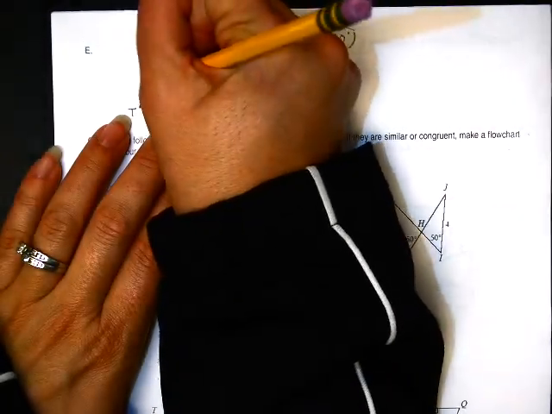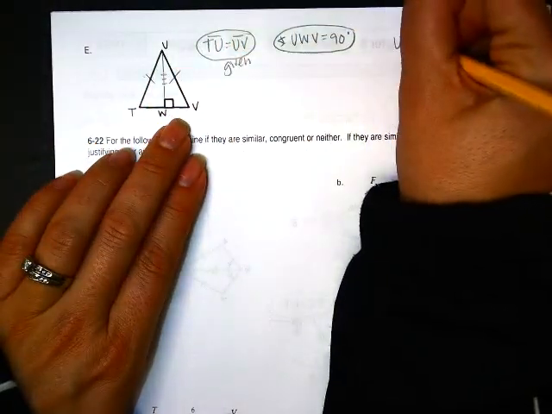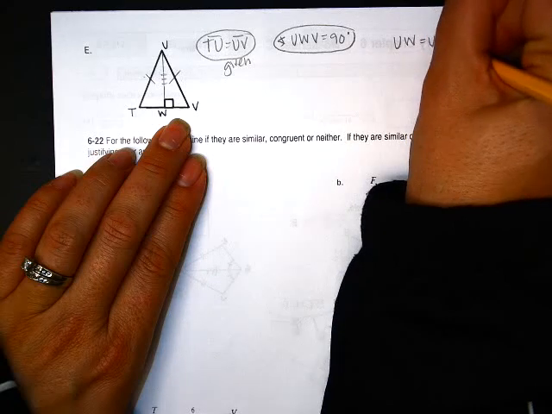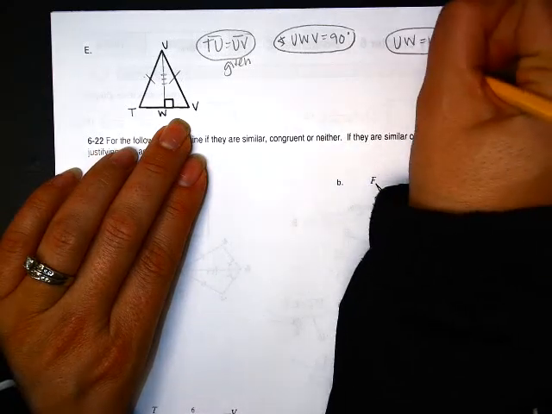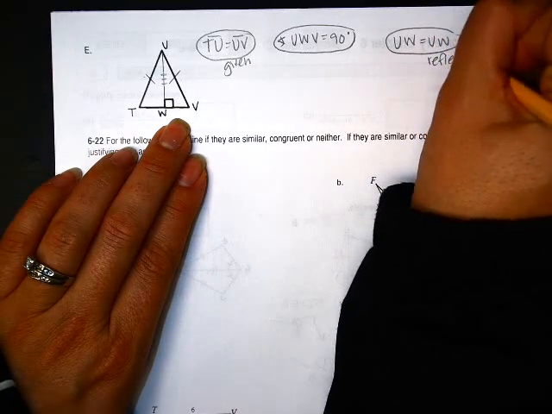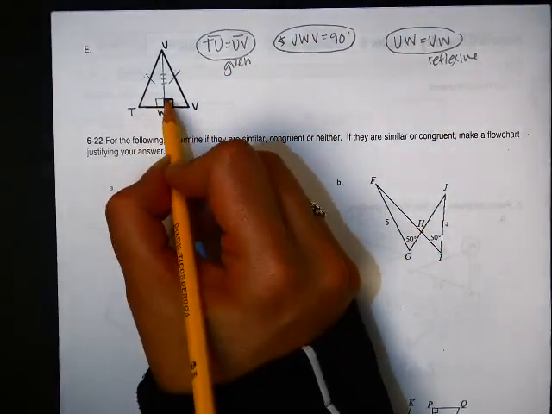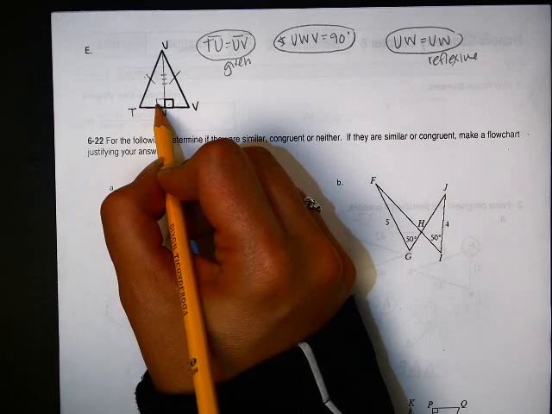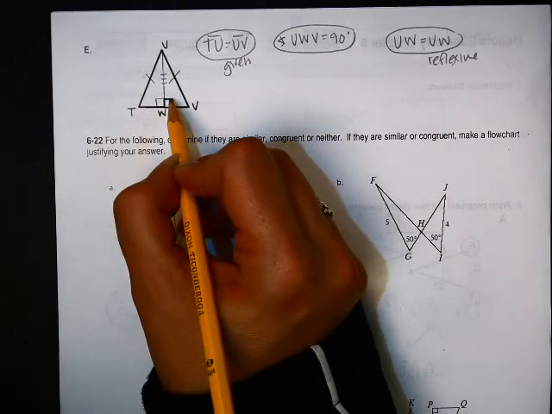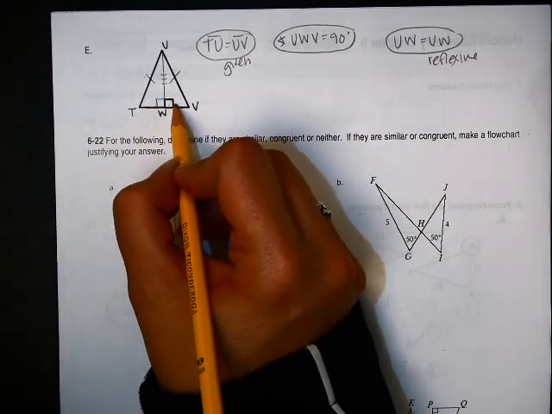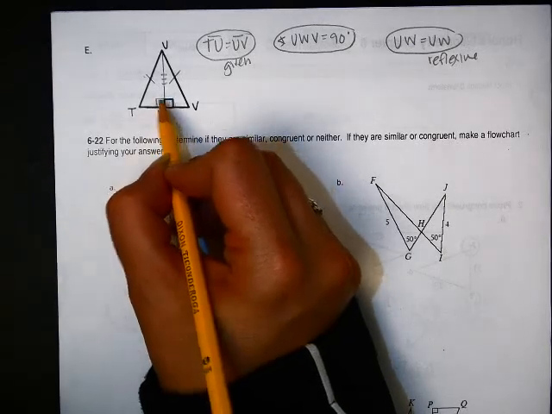I can get a reflexive. And then since that's 90, these are not equal because they are reflective. They are equal because they are supplementary, and 180 minus the 90 gives us that.